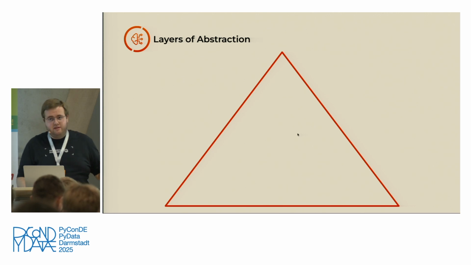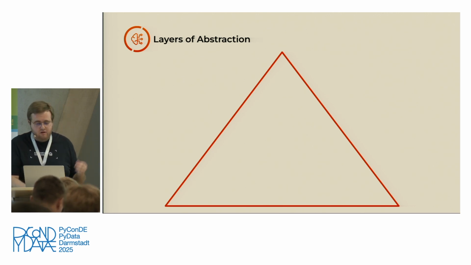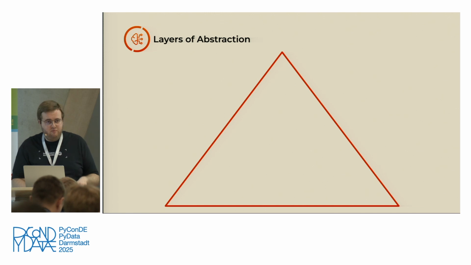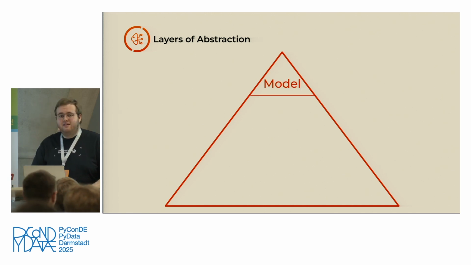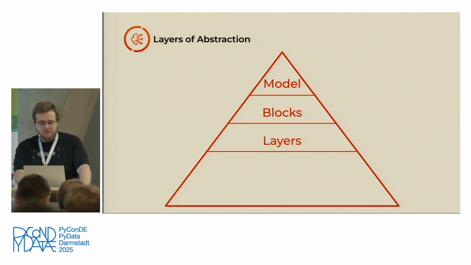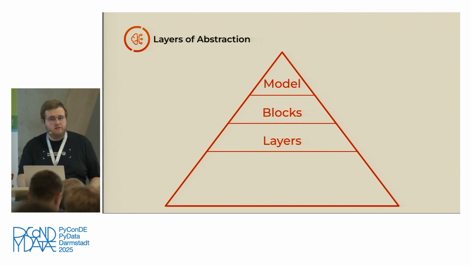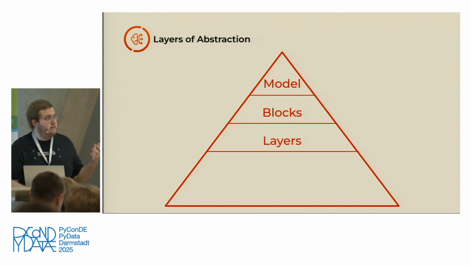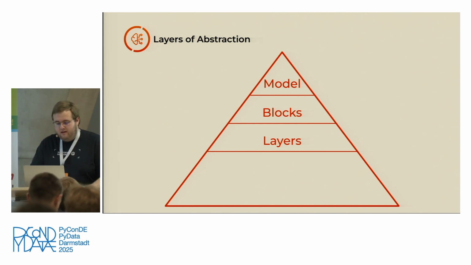What do we need today to build a framework? Or why do we even need a framework? Obviously, we need a framework to define and train deep learning models. And usually, we say that those models consist of layers, and layers might form additional blocks.